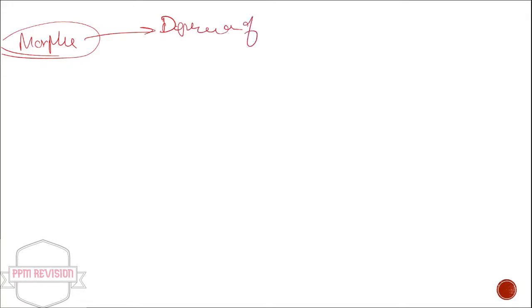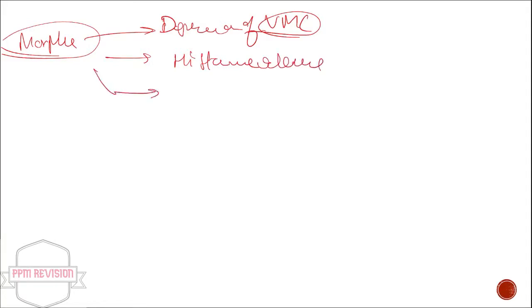So just again I'll present this. There is morphine. Morphine can result in depression of the VMC, vasomotor center, and can also result in histamine release, and can also produce a direct action on blood vessels as well.